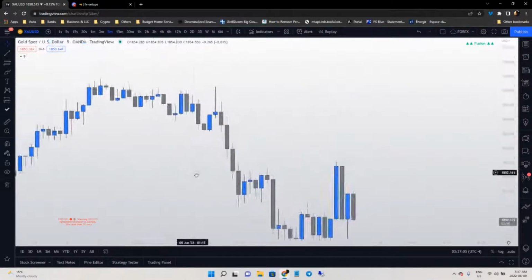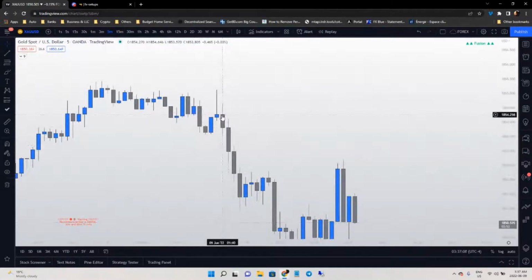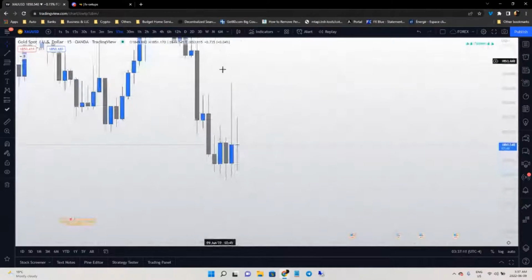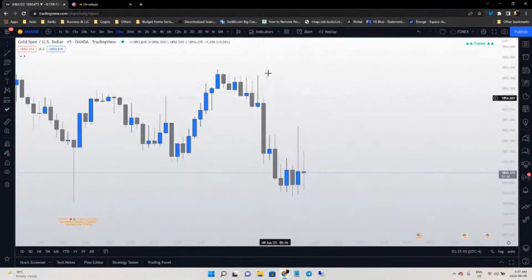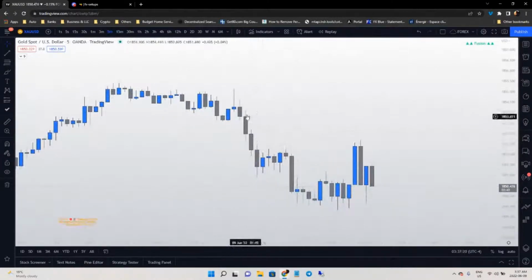Like this here. When I told you on the 15 minutes I'm expecting the price to go grab here. And if you look at the 5 minute, when you see this candle structure, you expect the price to fill that.